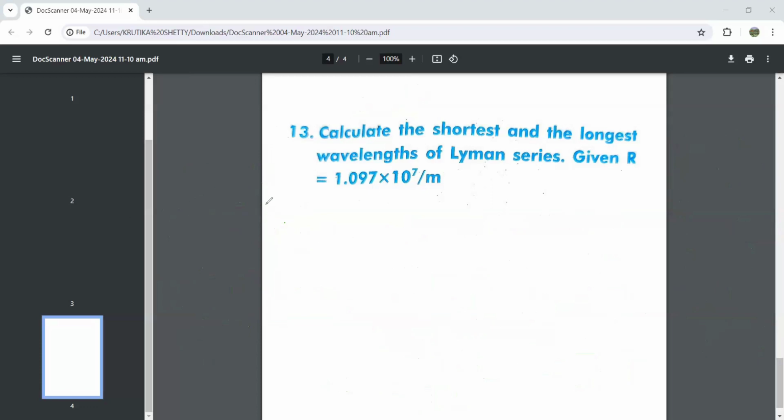See, calculate the longest wavelength. They have asked for series: first for the Lyman series, second for the Balmer series, and the third for the Paschen series.